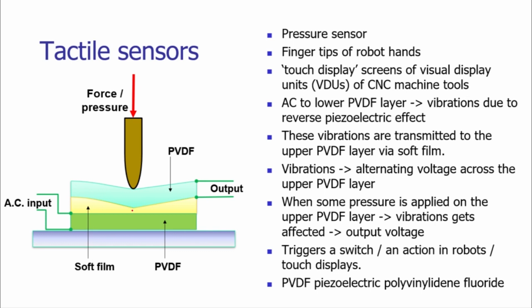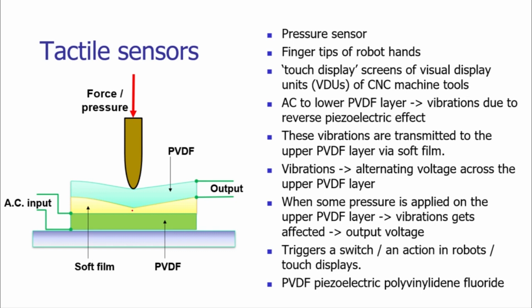Various touch displays or screens are used in automated industry or in a typical factory. Even on CNC machine tools, we have touch screens. So how do these touch screens work?